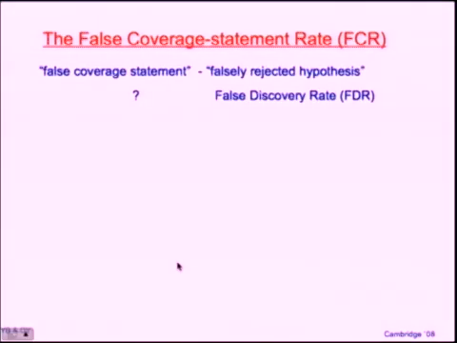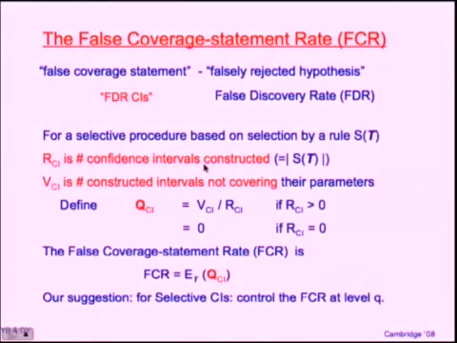We introduced the false coverage statement rate, where a falsely rejected hypothesis is identified with a false coverage statement, a false confidence interval that doesn't cover the parameter, and like the false discovery rate, we talk about the FDR of confidence intervals.